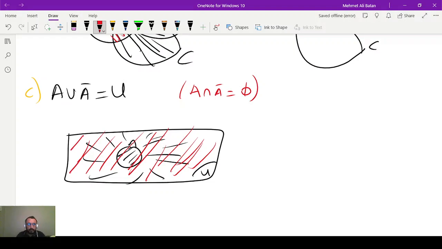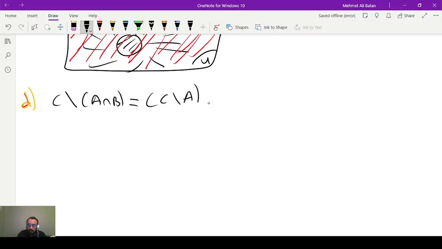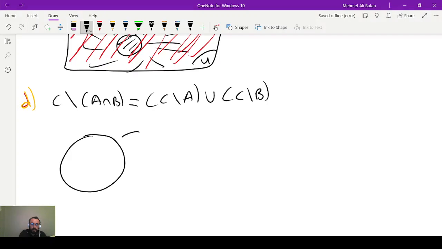So part D, let's move on to the next question. C set difference (A intersection B), which is equal to (C set difference A) union (C set difference B). This is the notation for set difference. Let me sketch the left hand side.